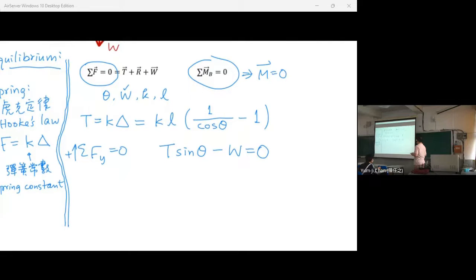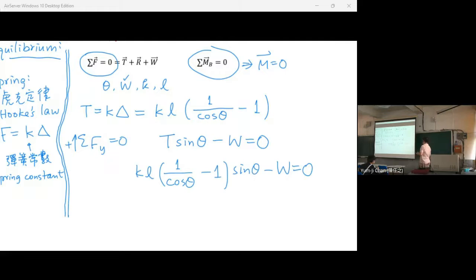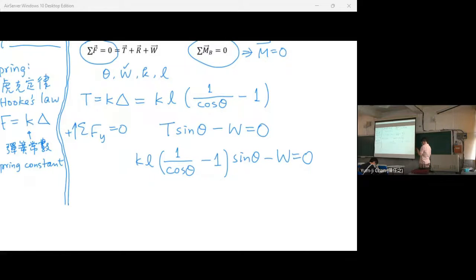We know T now, so you just put it in there. We have KL (1 over cosine theta minus 1) sine theta minus W equal to 0. Or simply, you rearrange the terms, we have W equal to KL (tangent theta minus sine theta).